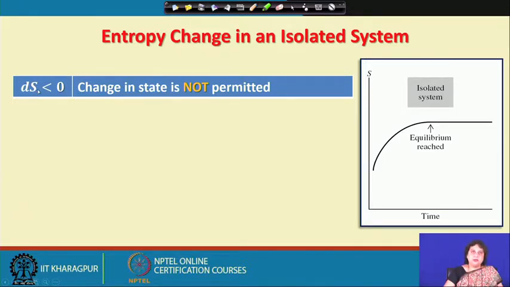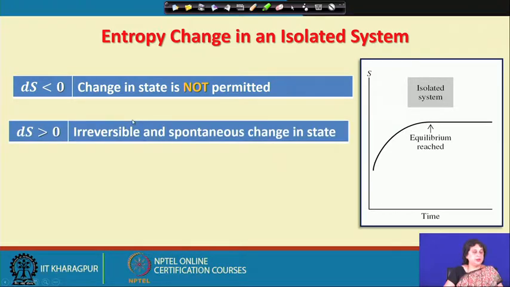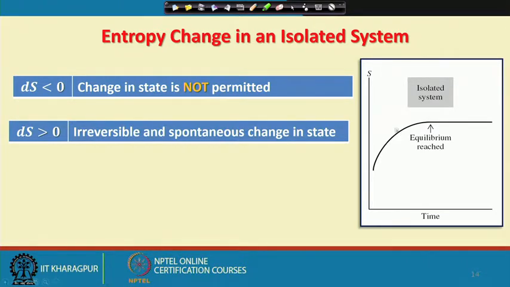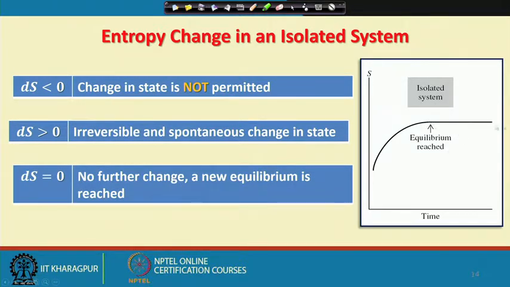Let us say the perturbation is such that dS is less than 0, which means that the system is being transformed towards this direction. This change in state will not be permitted. If I am somewhere here, and I slightly perturb the system, it will spontaneously go to increase the entropy of the system. And when it reaches this plateau, there will be no further change.